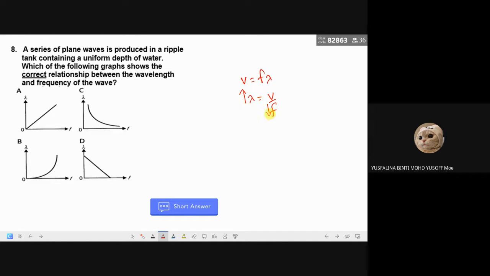So this graph shows the relationship. That means this is inversely proportional, so the answer should be C. But if the x-axis is 1 over f, with this being lambda, then the graph would be directly proportional. So the answer for question number 8 is C.